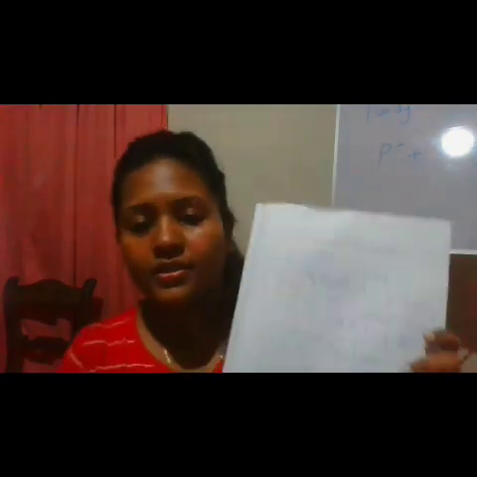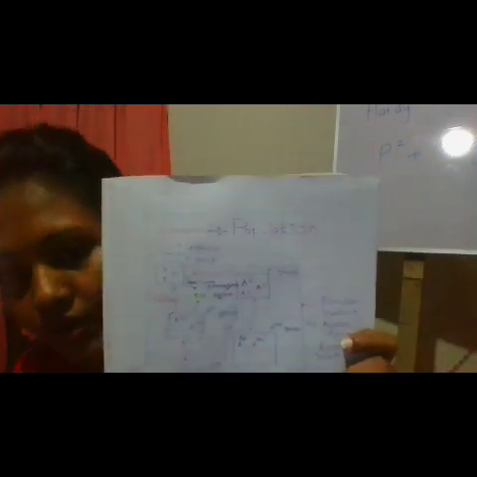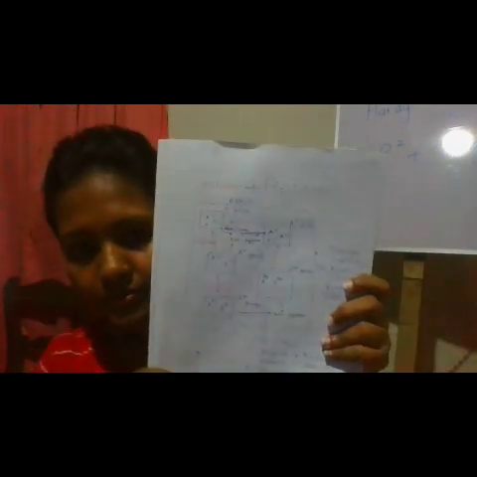So, population: what is a population? This is my short note. A population is a group of the same species, a collection.